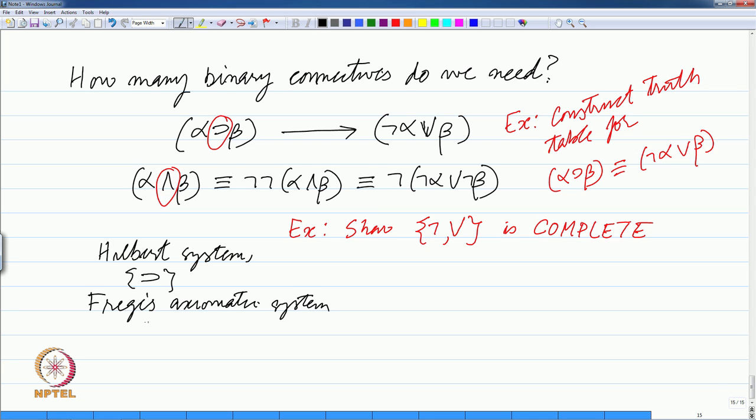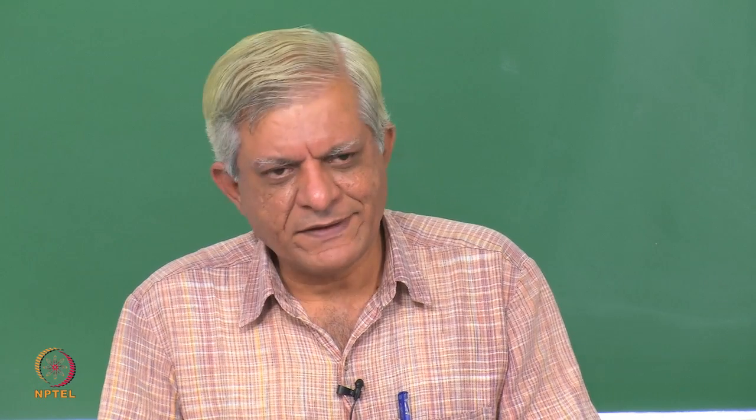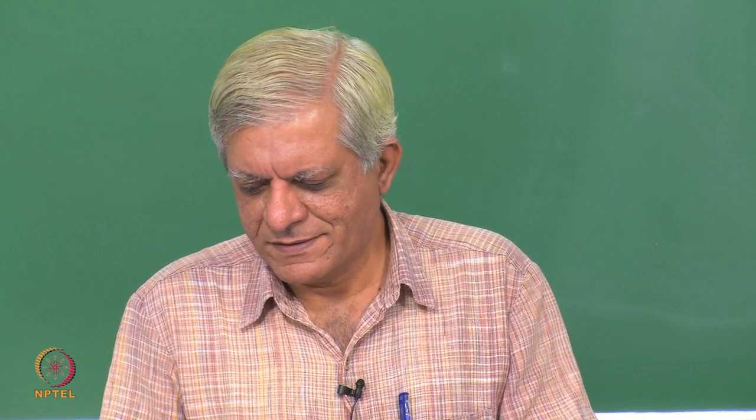And Frege actually showed that this set of negation and implication is complete, which means that anything you want to say using any of these binary connectives and negation can be said only with negation and implication essentially.